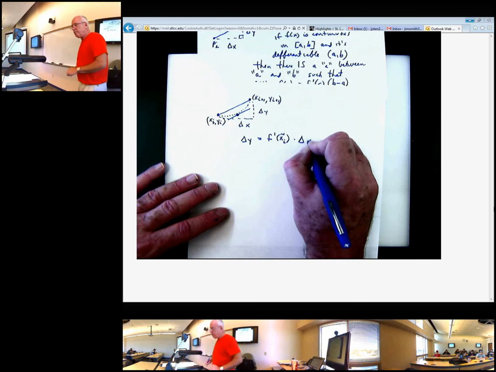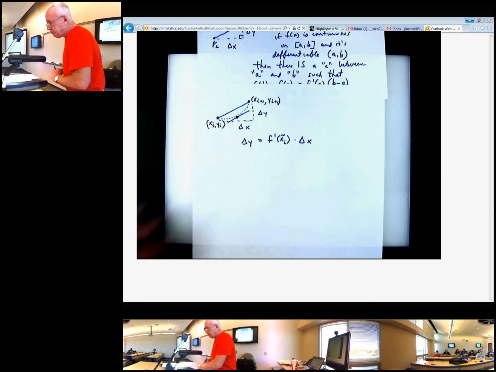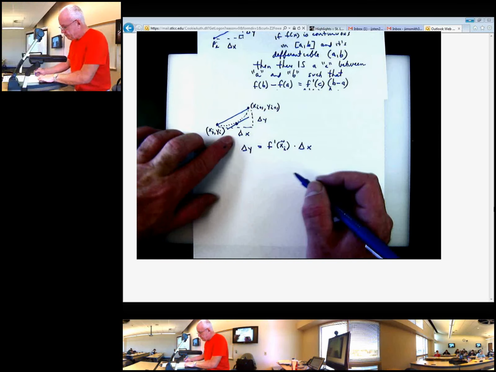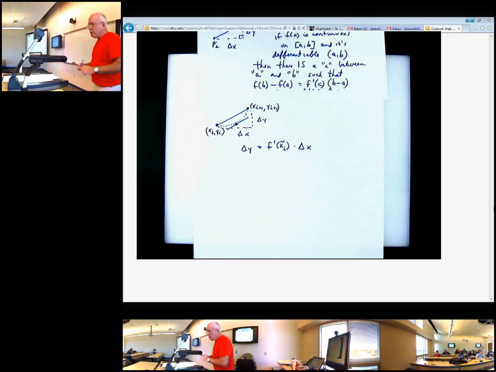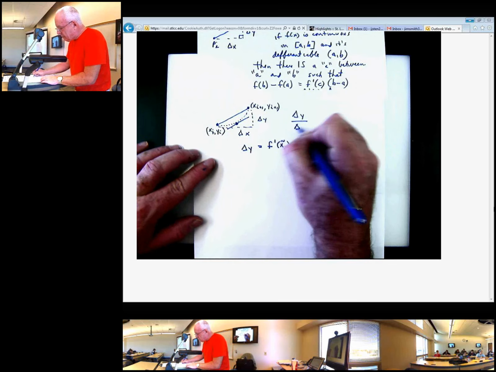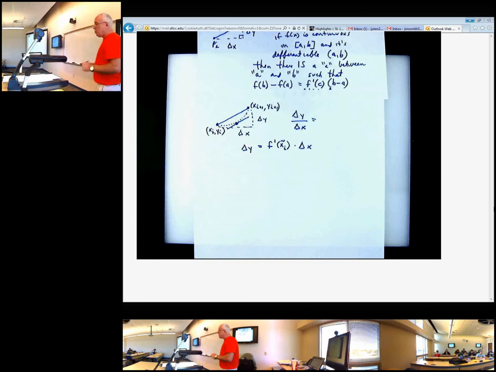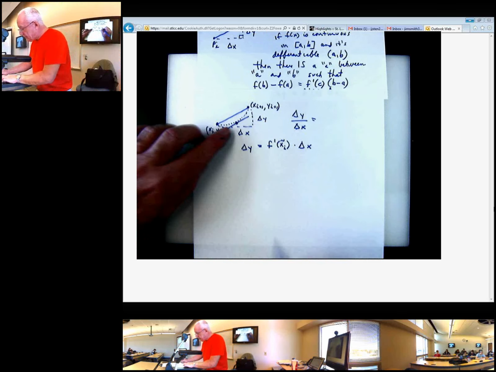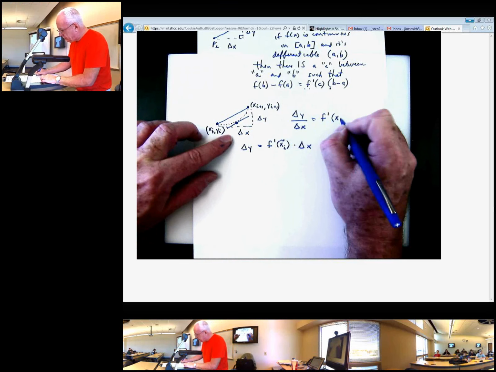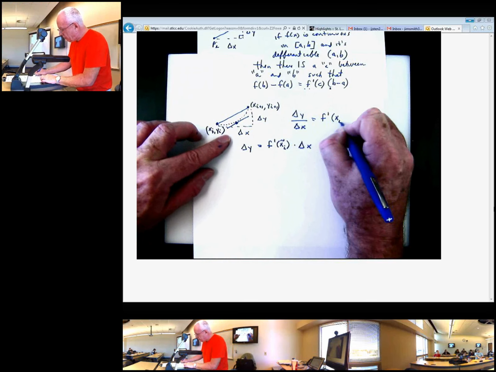All right. Okay. Because we can see here that if we divide delta y by delta x to get the slope, that's going to be the same as the value of this derivative here in the middle somewhere. All right.